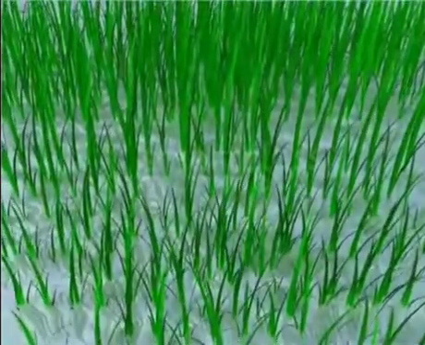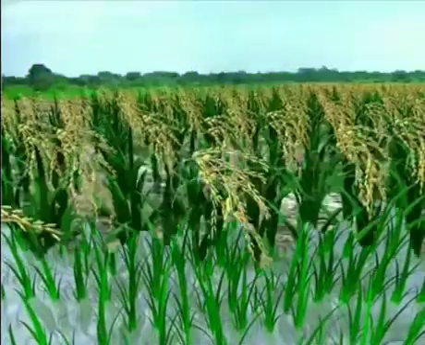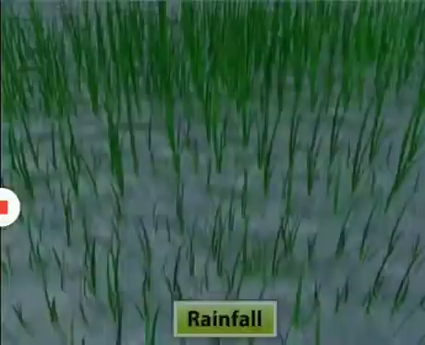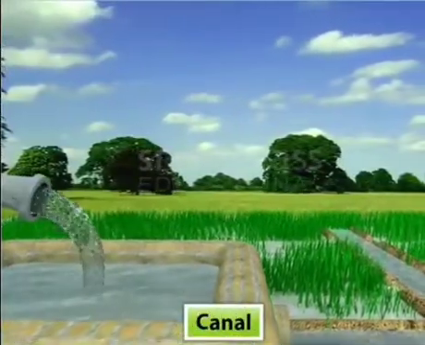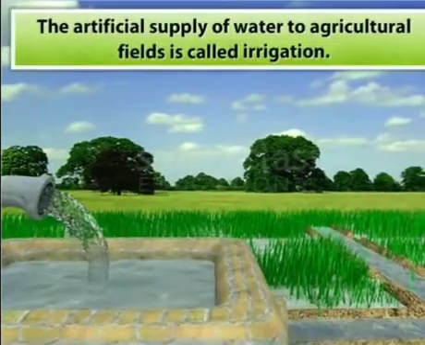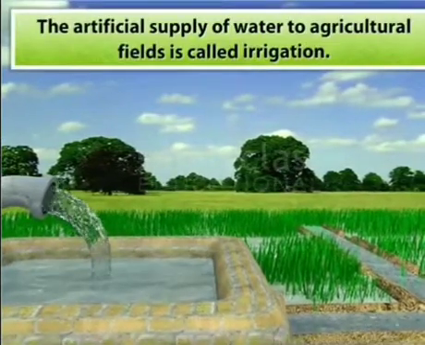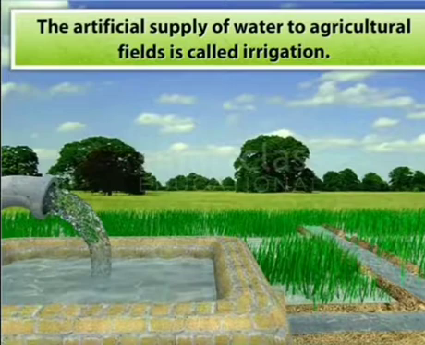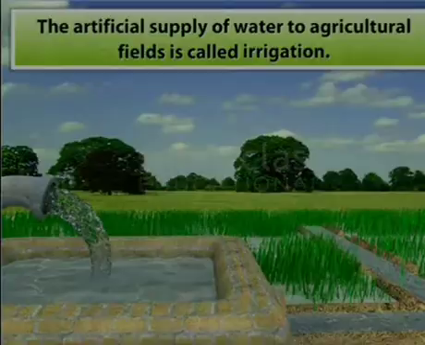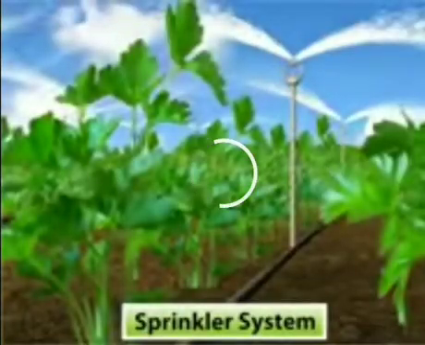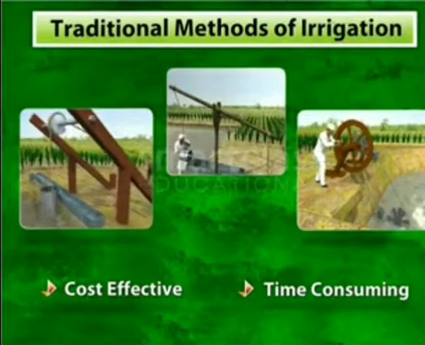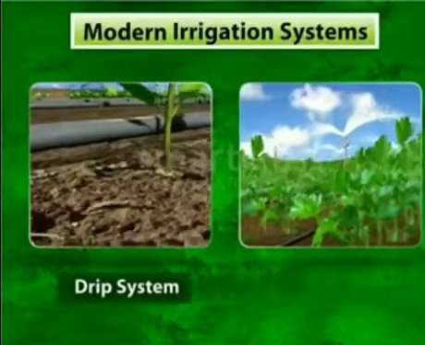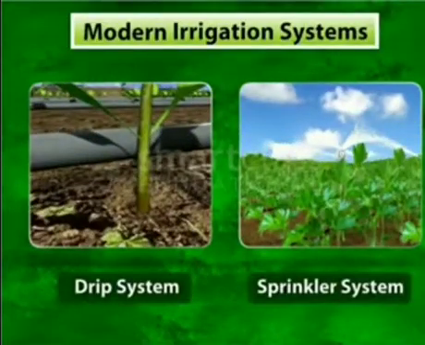For example, paddy is transplanted in standing water and requires constant irrigation. On the other hand, for wheat, irrigation is needed only before tilling and at the time of flowering.